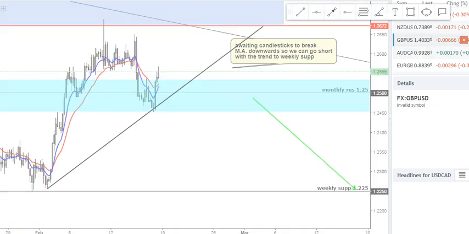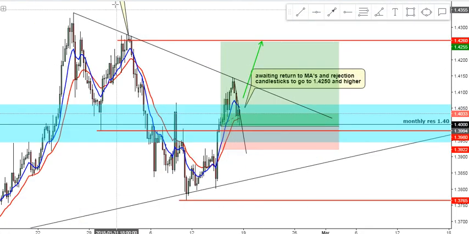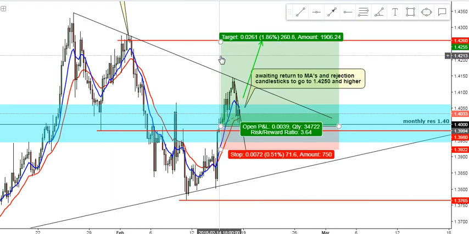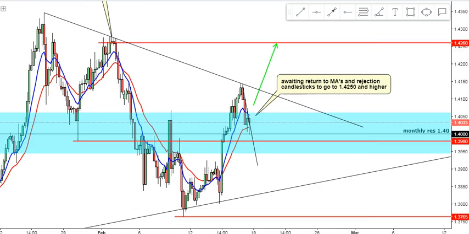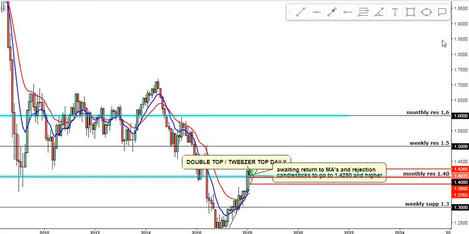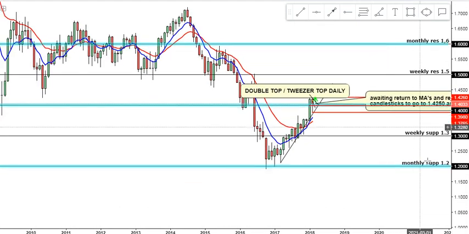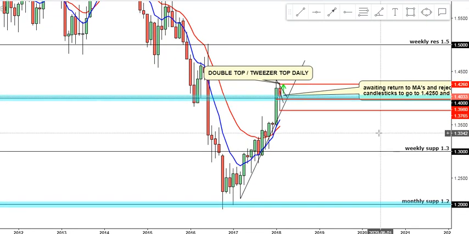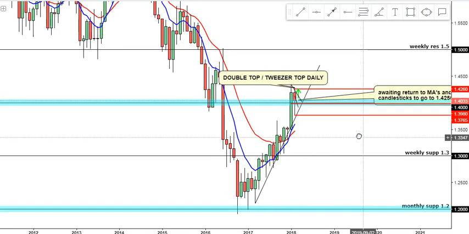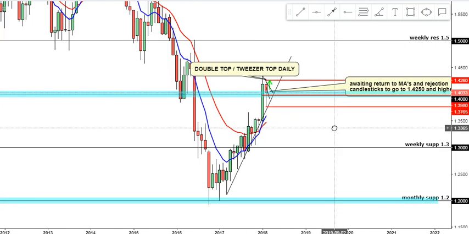So GBP USD. Let's delete this for a second. GBP USD monthly time frame. Huge annotations I've got here, kind of messy key levels.